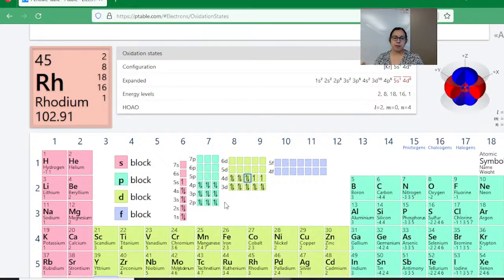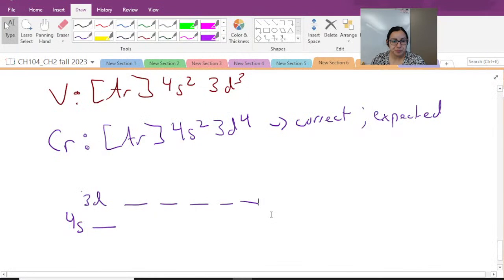The biggest gap in energy is from the 1s to the 2s. Then each subsequent energy level difference gets smaller and smaller and smaller. So things get weirder and electrons can fly around in different orbitals. And so we fill up what we expect: 1, 2, and then 1, 2, 3, 4. So again, this looks okay.